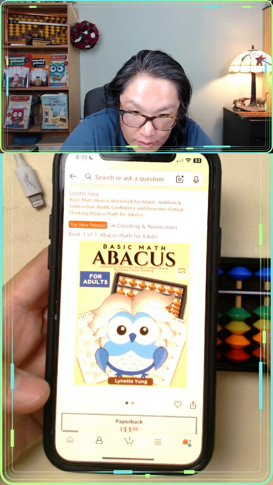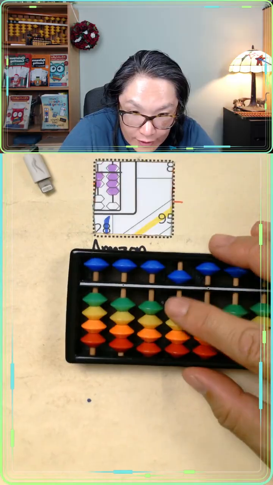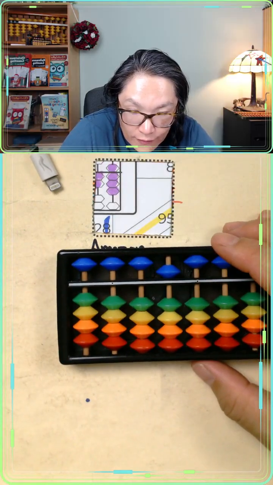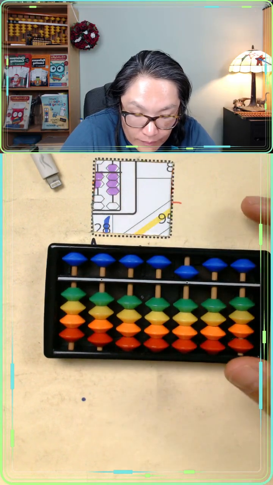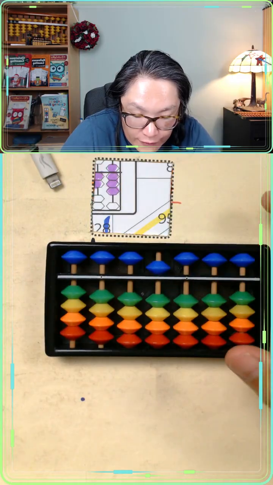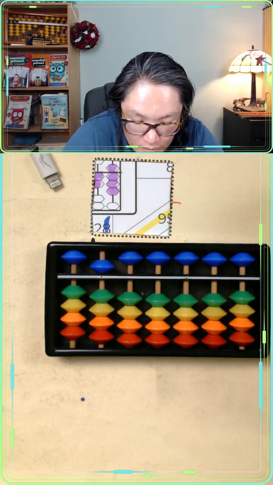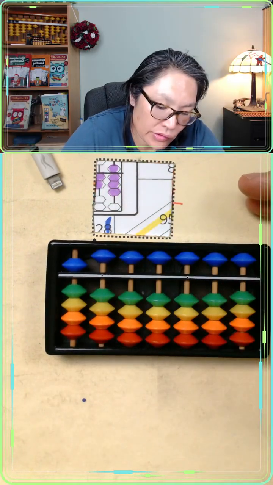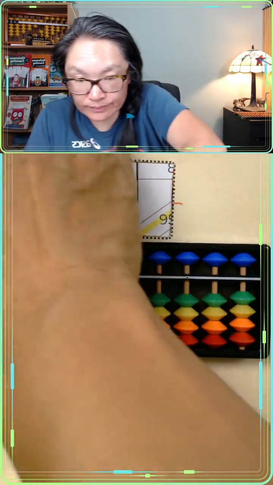This hurts my brain. Okay. Wait. So the blue ones equal 5. Yep. So 5, 50, 500, 5,000, 50,000.